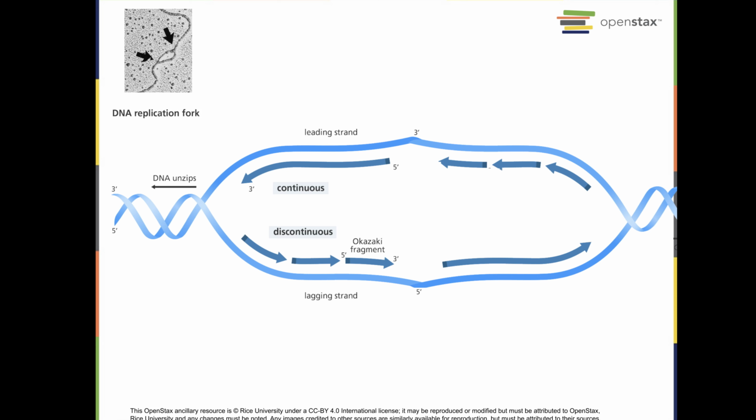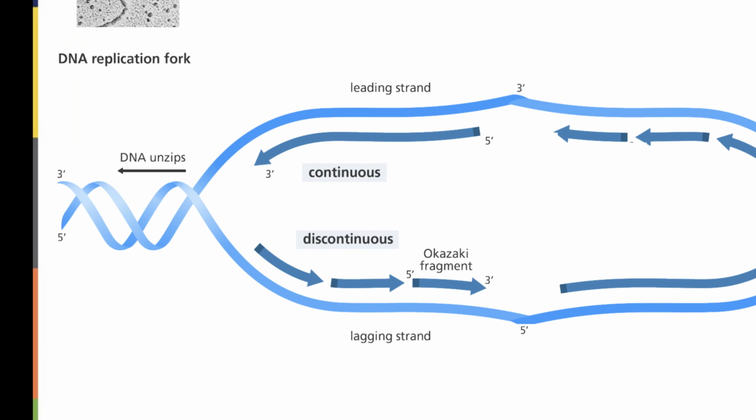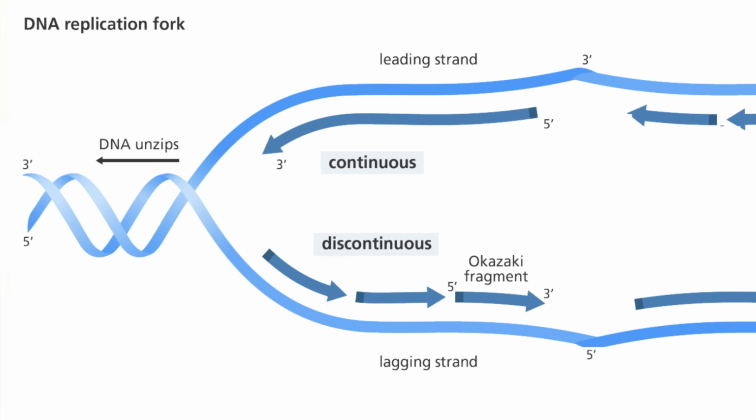Now, because we can only copy DNA in one direction, there's a problem on the lagging strand below. How do we copy the DNA on the lagging strand? To do so, the DNA is copied in fragments, and those fragments are later joined. We call those fragments Okazaki fragments. Each one of the arrows on the Okazaki fragments runs from 5' to 3'.